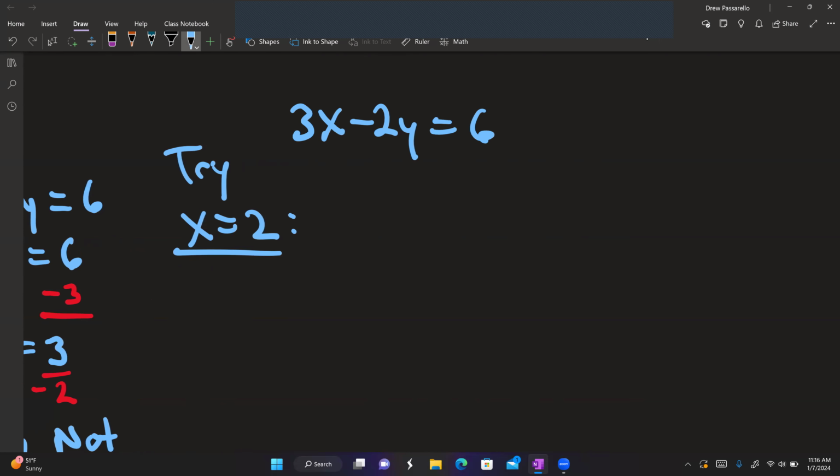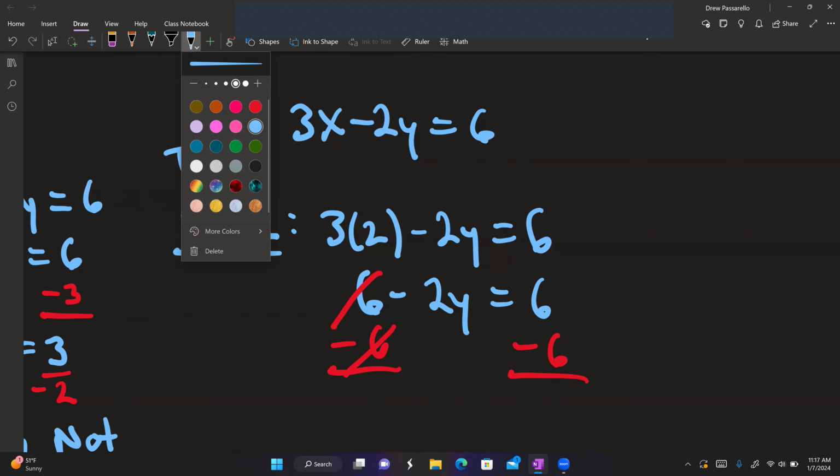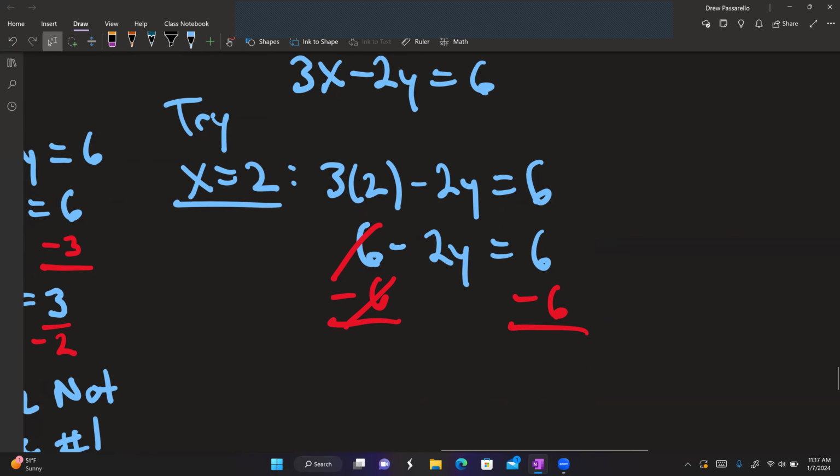Now I'm trying to plug in 2. So I get 3 times 2 minus 2y equal to 6. 3 times 2 is 6. I need negative 2y by itself, so I would subtract 6. I get negative 2y, and the 6's cancel out. And then notice on the right-hand side, the 6's also cancel out. You get 0. Negative 2y equal to 0.